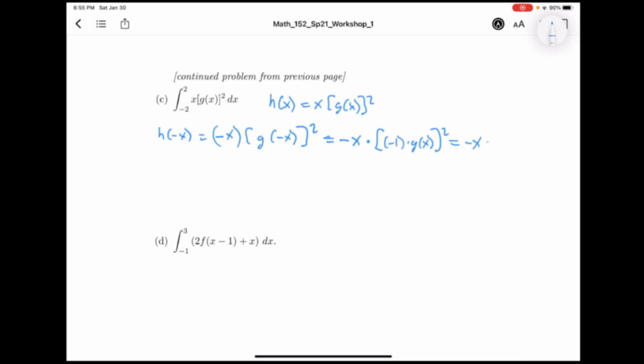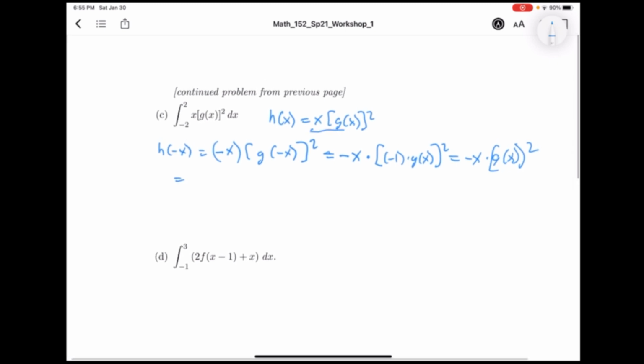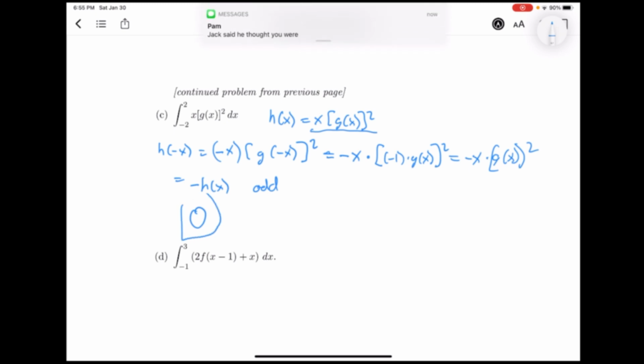G of x squared is just g of x squared. So we have negative x times g of x squared. That's of course just the negative of this, so that equals negative h of x, and we can see that once again we're integrating an odd function, so the answer is 0.